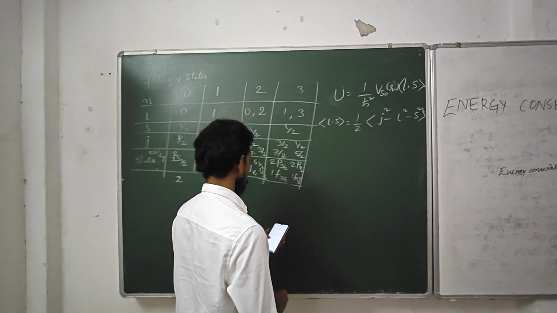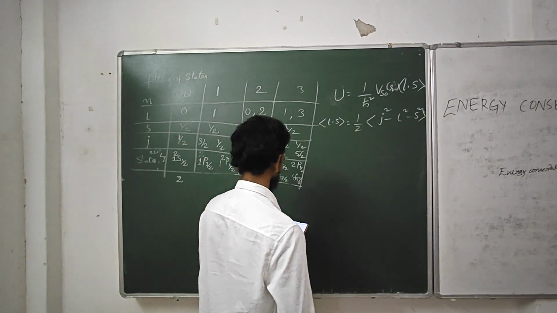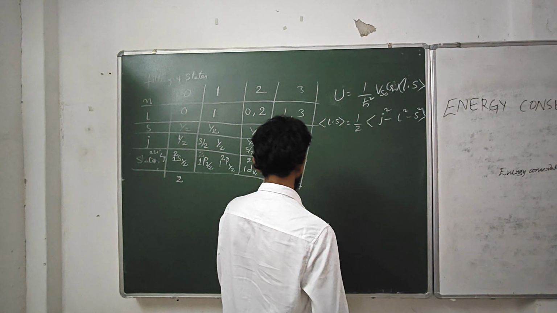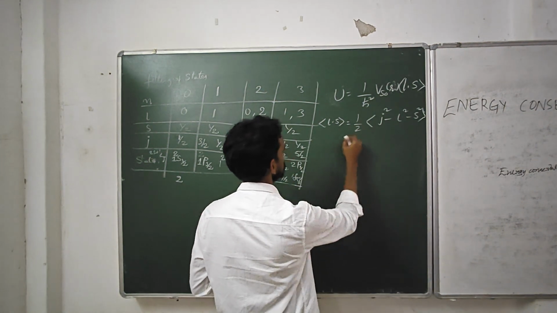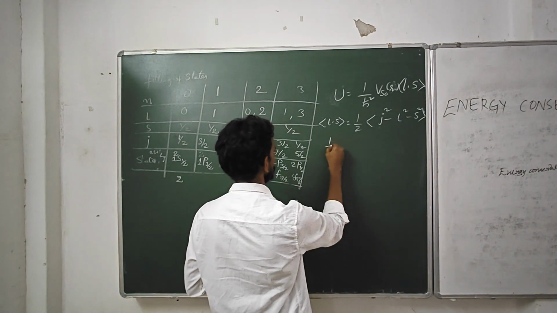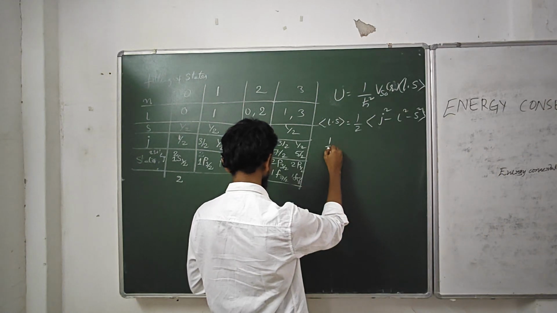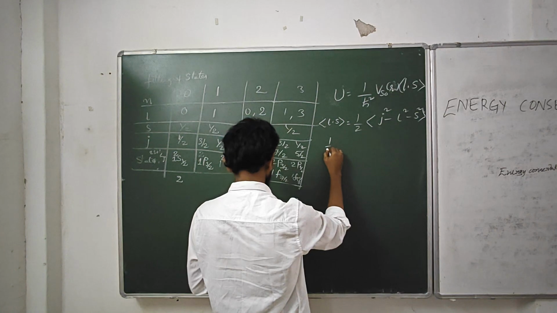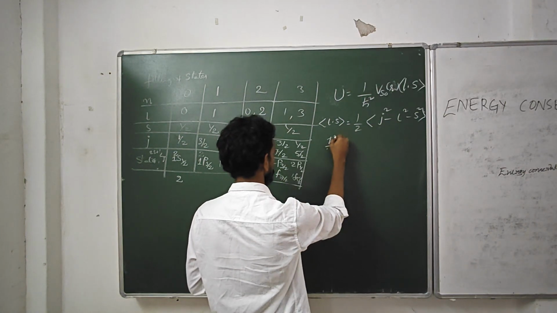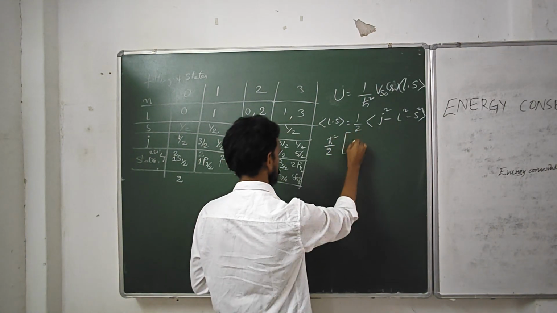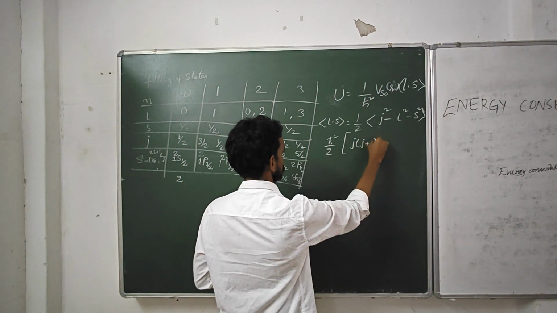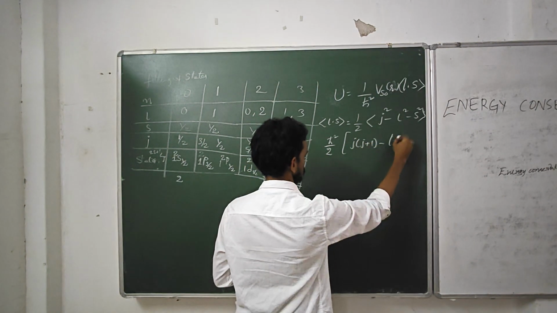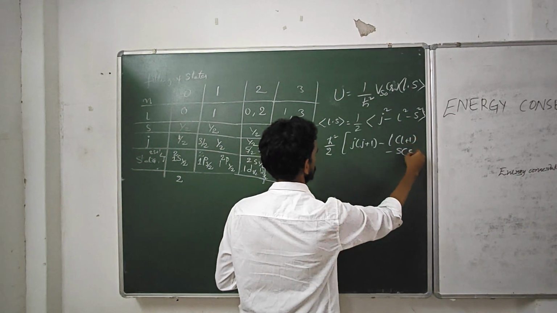So that can be written as J into J plus 1. So total energy is h bar square by 2 J into J plus 1 minus L into L plus 1 minus S into S plus 1.